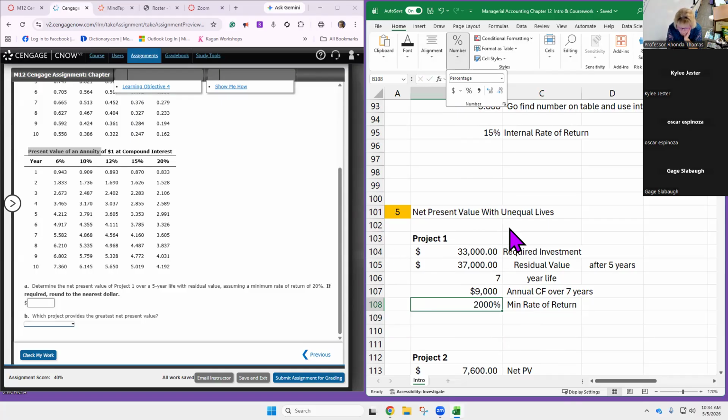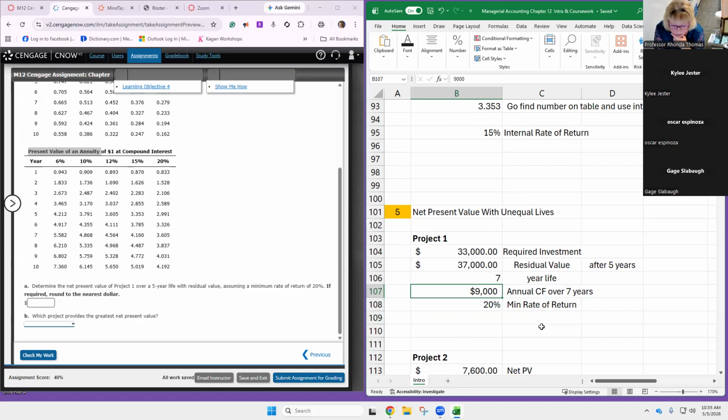So we've got to go find a factor for present value, using this $9,000 annual cash flow, but over 5 years, and their rate of return is 20%. I'm going to use the table for an annuity because this is $9,000 times 5.